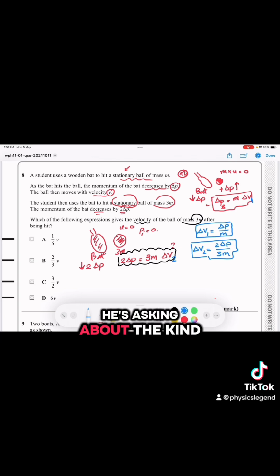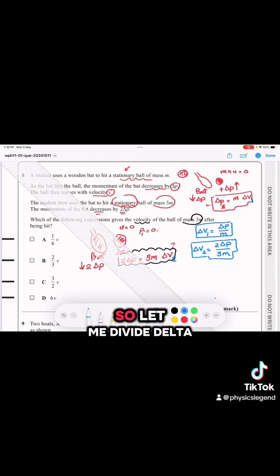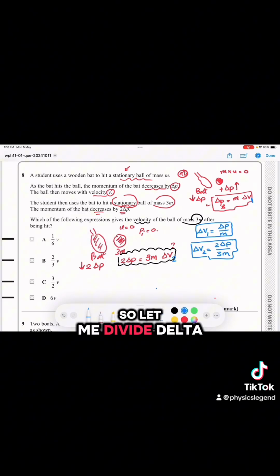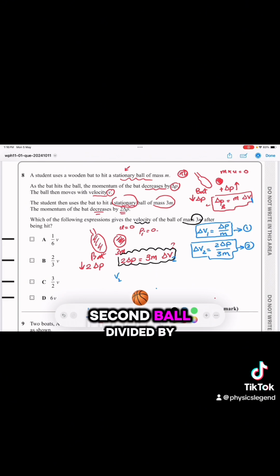He's asking about the ratio, so let me divide delta v2, so v2 for example, using equation 1 and equation 2. So v2 of the mass of the second ball divided by v1.